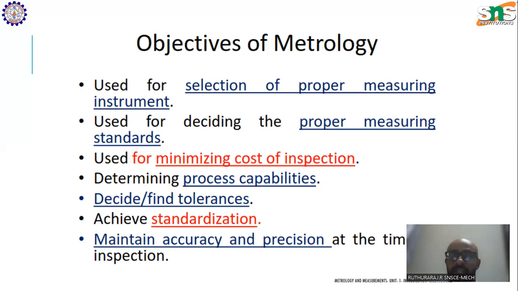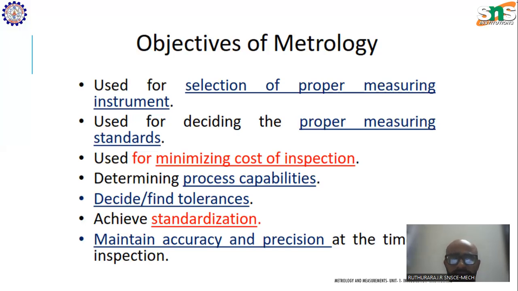Accuracy, as we have already discussed, is the closest value to the actual value. Which instrument can produce the closest value to the actual value? That instrument is called the accurate instrument. So, use of proper measuring instrument. Similarly, take another case. You are measuring the length of a table. Is there a need for using a vernier caliper to measure the length of a table?